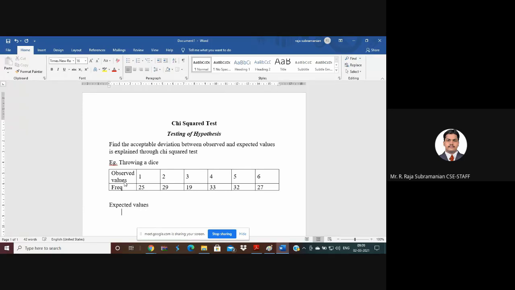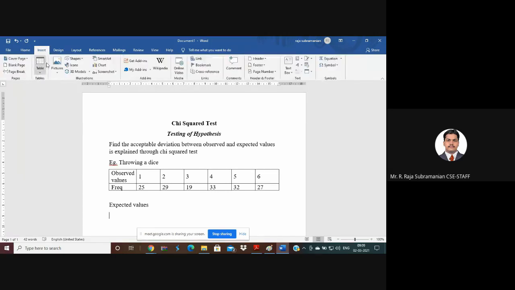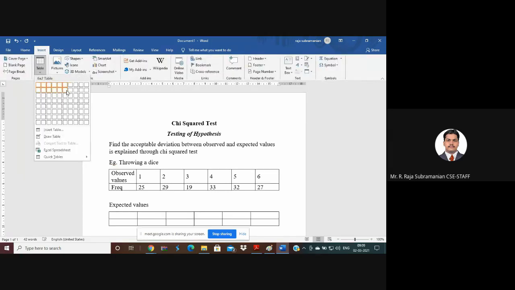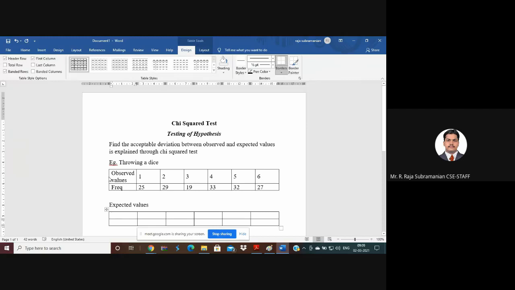We know that the expected value when I throw a dice is 1 by 6 for each individual term. So I'll calculate the expected values based on that formula. One, two, three, four, I missed one thing. 4, 5. Need one more column.